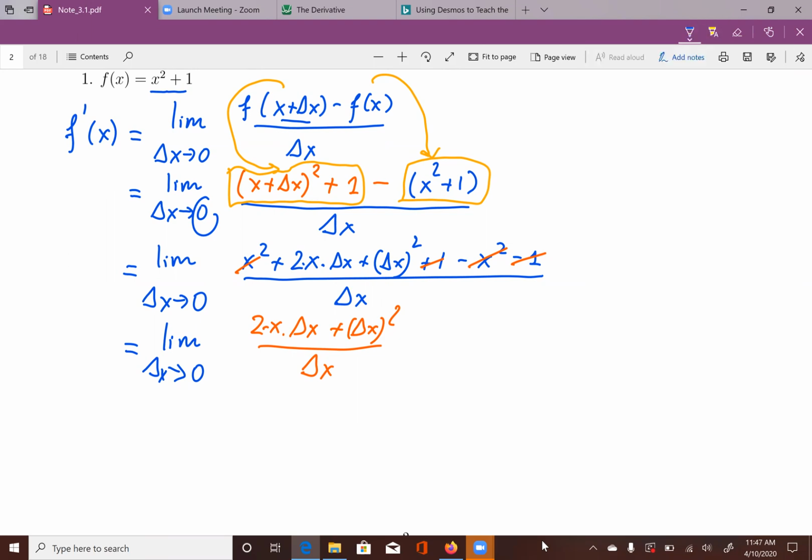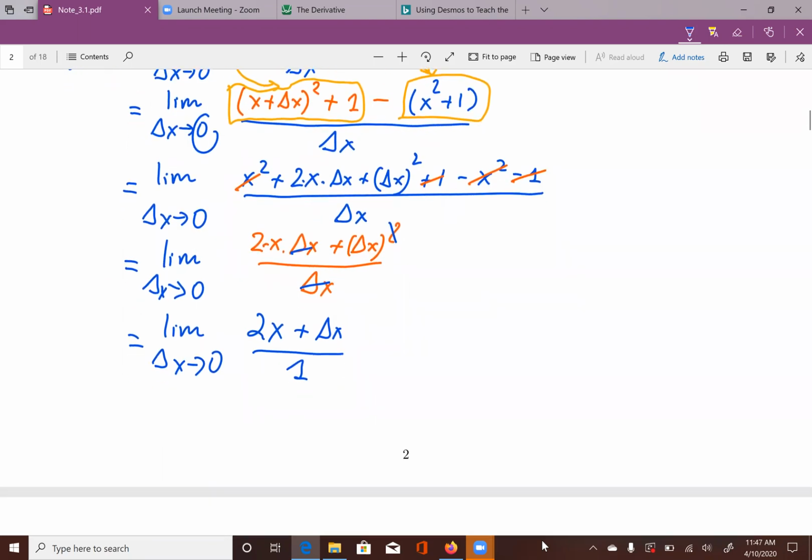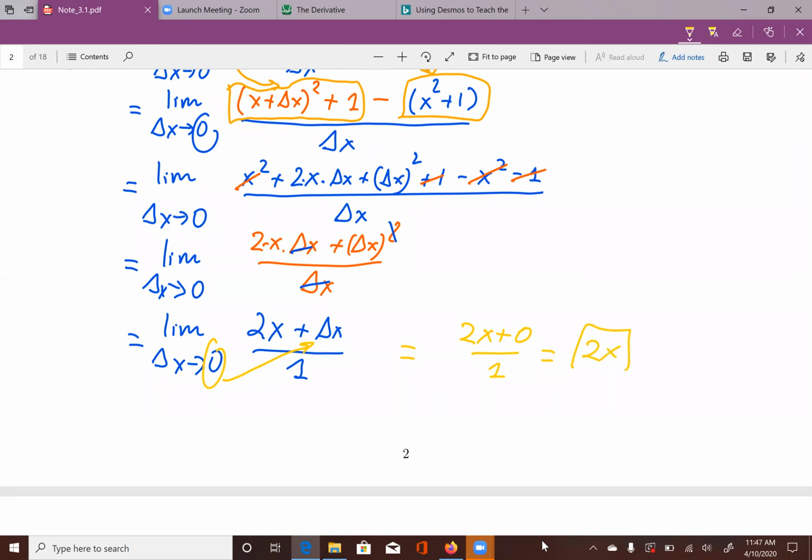So I cancel this, cancel this, cancel this, right? And what is left over is 2 times x plus delta x. I cancel one term, I still have another term, and delta x divided by delta x is 1. All right, now can I plug 0 into delta x? The answer is yes, because delta x is not in the denominator anymore. So my answer is, if I plug 0 into delta x, I have 2x plus 0 over 1, and the answer is 2x.